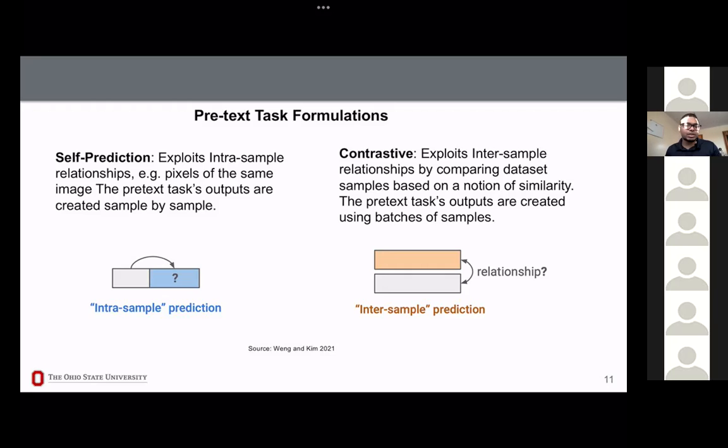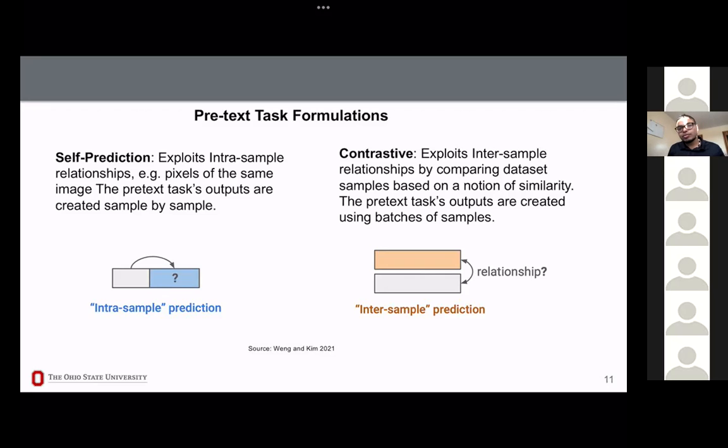Self-prediction, basically, says that you take every sample and you try to create a supervisory label using that sample. If you saw the instance discrimination task, we were using the same monkey's image and creating a positive example using the same image. I'll show you a more concrete example in the next slide, but that's the main idea: you use the same sample and create the label using that.